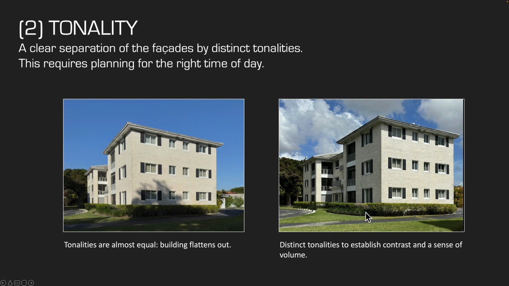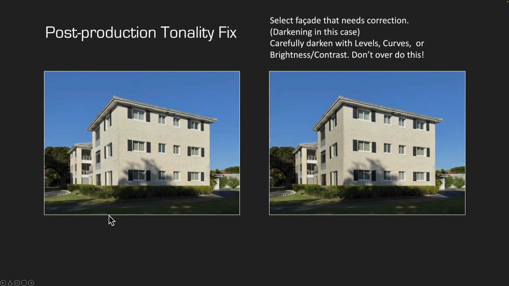So this is the same building photographed at the right time of day. In this case, this is the dominant facade, but notice that I've got one area that's bright, one area that's darker, and you get a sense of volume, which you don't get if they're both illuminated exactly the same way. Now, there is a post-production fix if you can't hit it at exactly the right time of day.